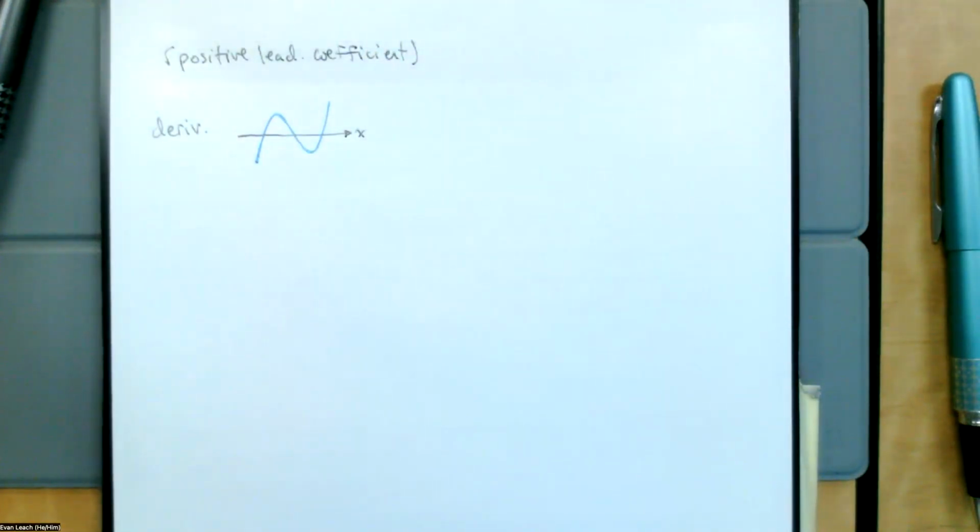So it could be that our derivative, a third degree polynomial, has 3 distinct real zeros.